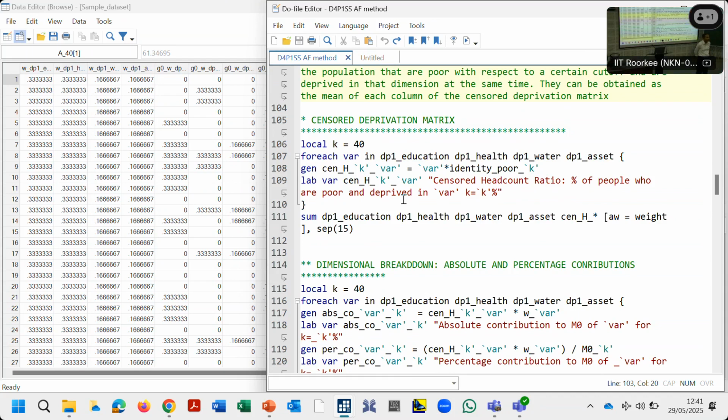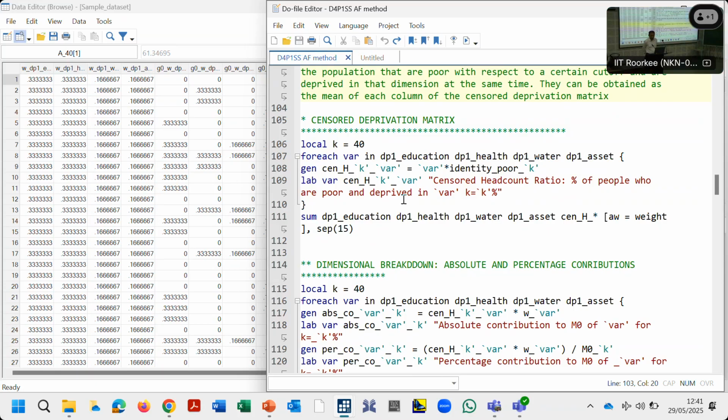Vector is the sum of dimensions. Then we can filter that the value should be more than the cutoff, but we have already computed who is identified as poor.